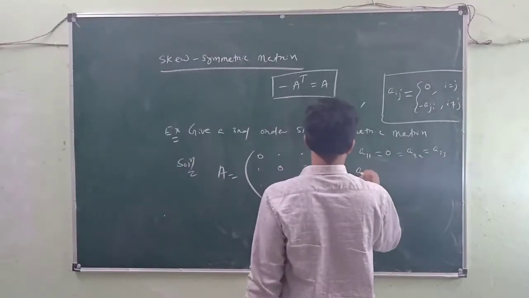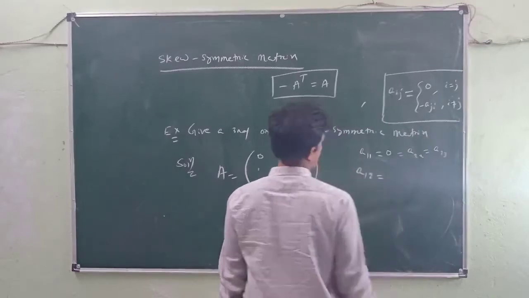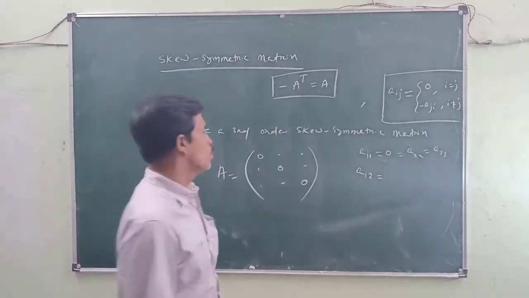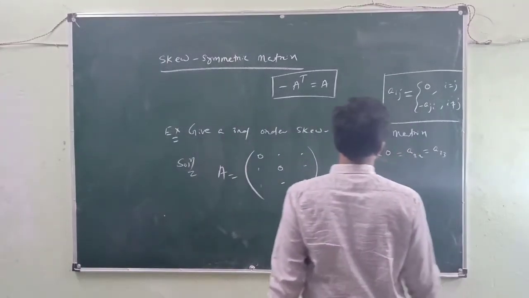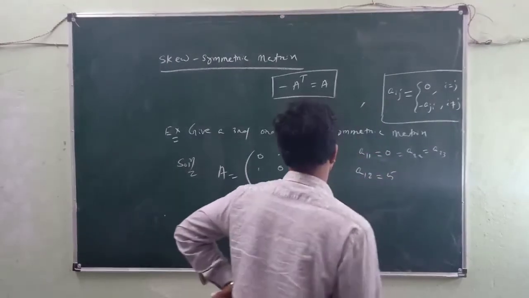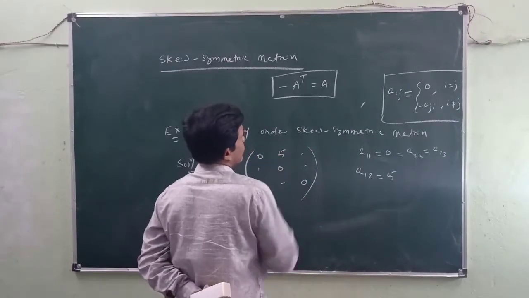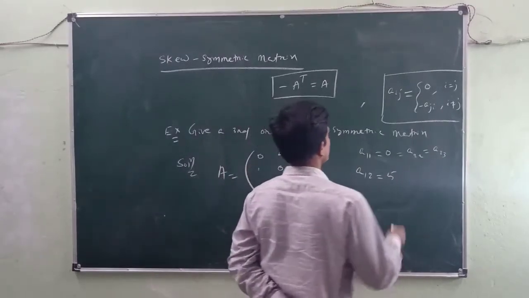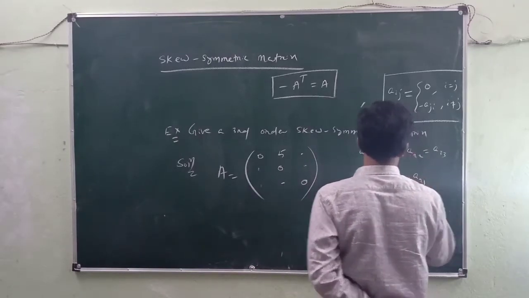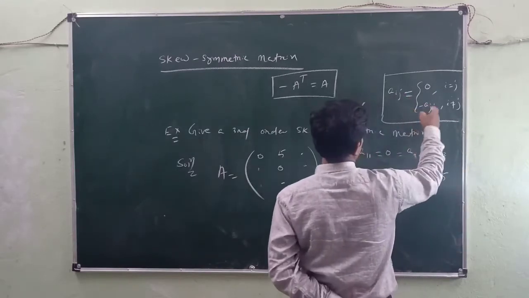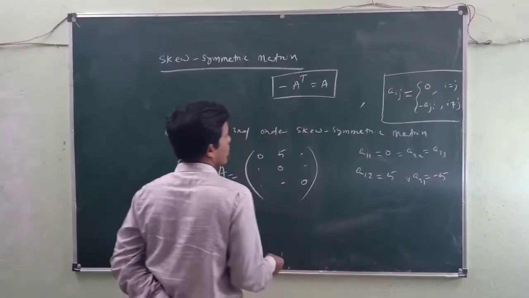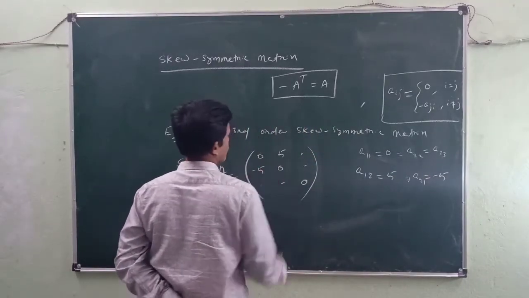Then in place of A12, you put any value. Suppose I write 5 in A12. Then what will be the value of A21? It will be minus 5 because Aij equals minus Aji. So in place of A21 you put minus 5.